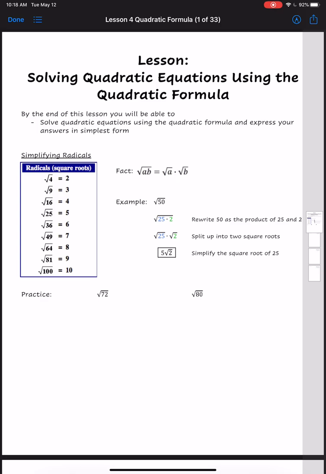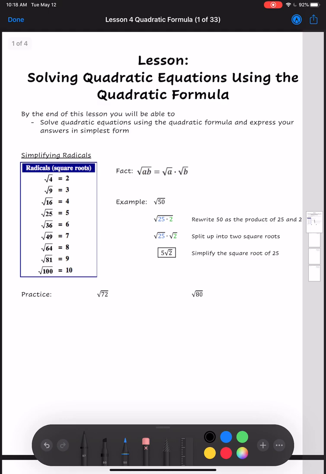So let's take a look just down here. So first we're going to simplify radicals. A radical is pretty much just a square root. If you look right here, these are your square roots, which means that all of the numbers on the left-hand side are your perfect squares.